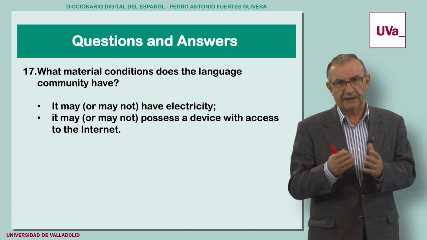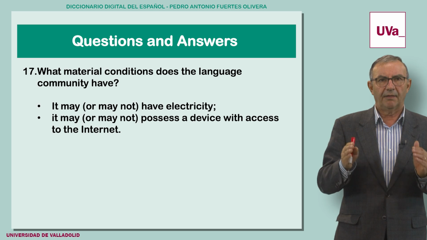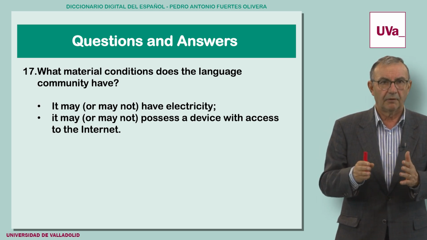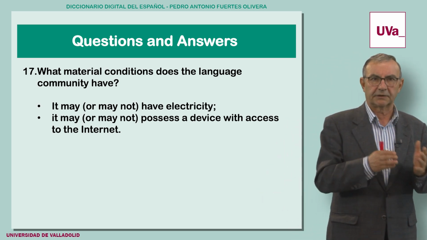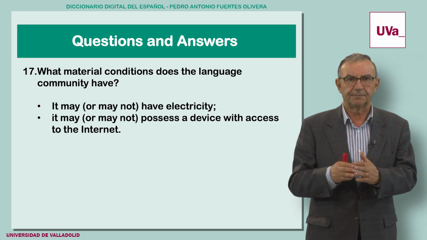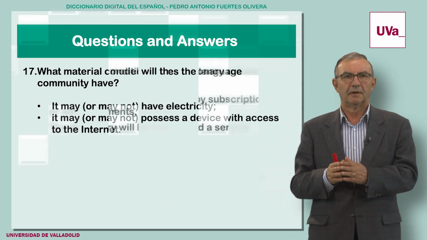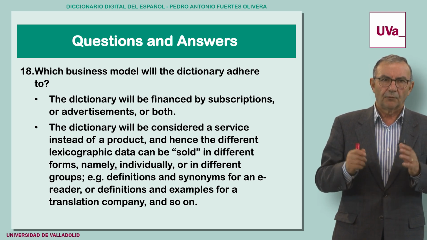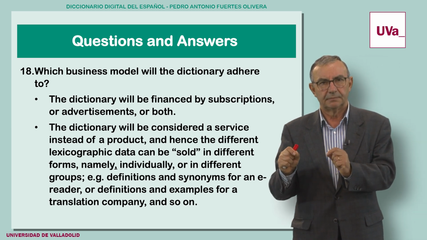Question number 17. What material conditions does the language community have? It may or may not have electricity. It may or may not have electric lighting. It may or may not possess a device with access to the internet, etc. Question number 18. Which business model will the dictionary adopt?